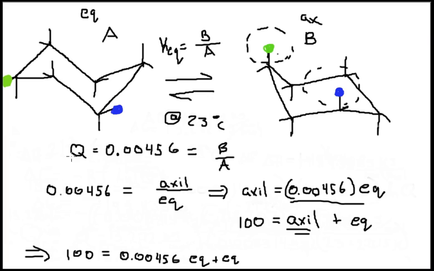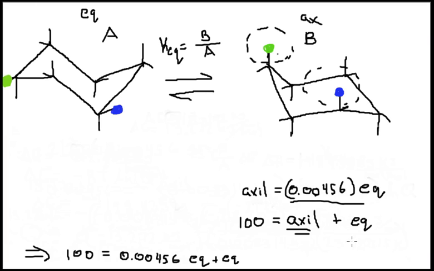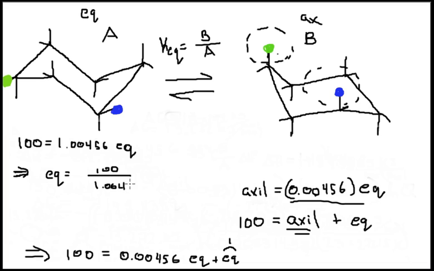Let me clear this stuff up top real quick. So I kept our equations here. What we can think about is this is one equatorial right here plus 0.00456 equatorials. So that means that 100 is equal to 1.00456 times the amount of equatorials there are, and that gives us that the amount of equatorial is equal to 100 over 1.00456.